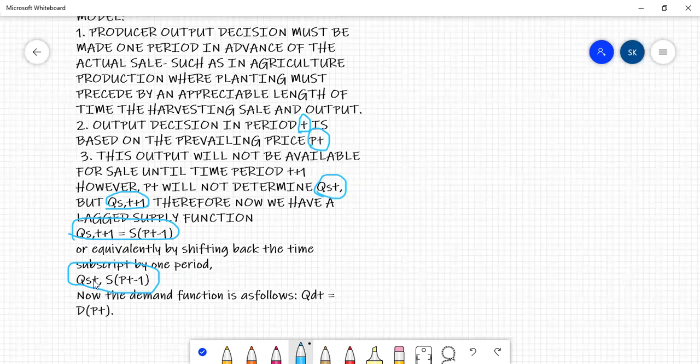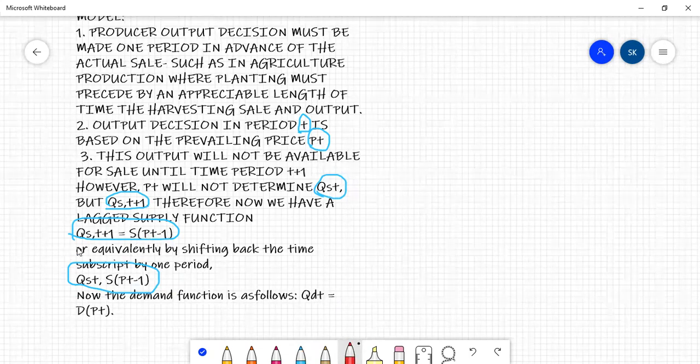Now we will take the linear version of the lagged supply and unlagged demand function. The demand function is unlagged, because Qdt is equal to D(Pt), whereas the supply function is a lagged supply function, where Qst is equal to S(P(t-1)).